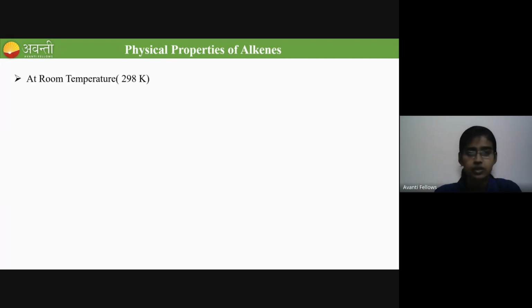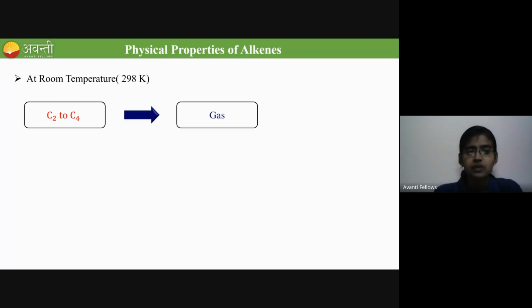At room temperature, 25 degrees Celsius or 298 Kelvin, carbon number 2 till carbon number 4, that is ethene, propene and butene, exist in the form of gas.